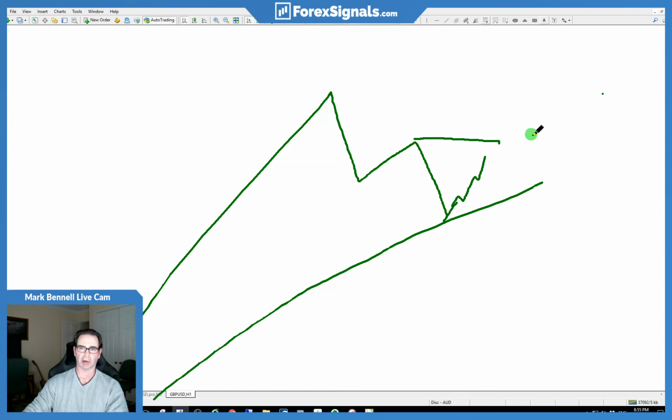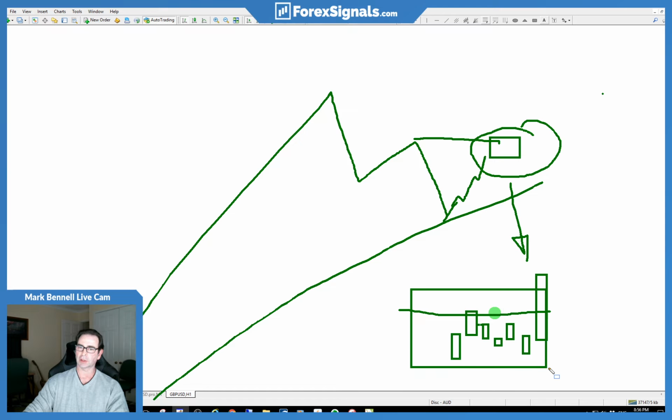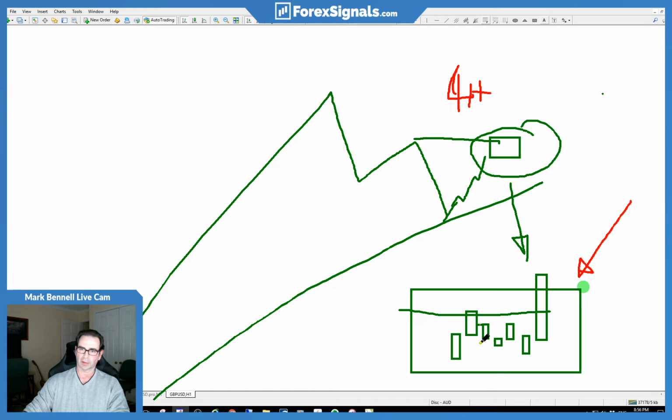It may be necessary to zoom down to, say, a 60-minute chart and look for what we see in here that constitutes an accumulation again. Right? So this would be the 4 hour and this would be the 60-minute. So notice what we've got on the 60-minute as well.